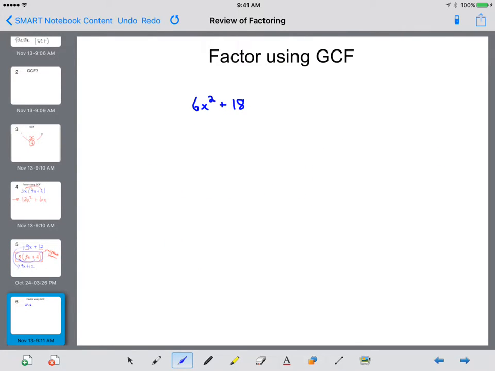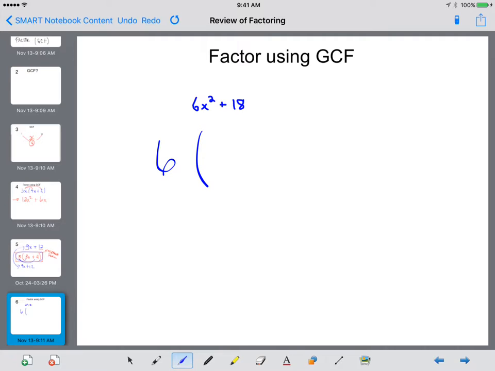Let's factor 6x squared plus 18. Well, the greatest common factor between 6 and 18. I know they both have 3 in common. I can divide them both by 3. Can I go any higher? Yes. I can divide them both by 6.